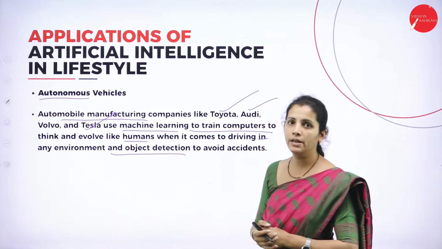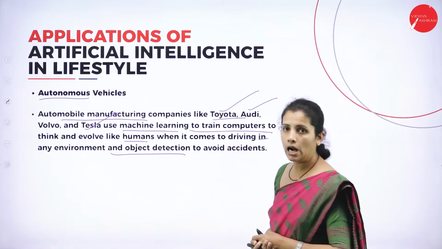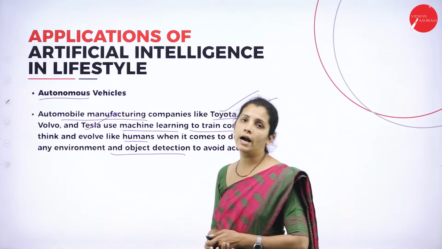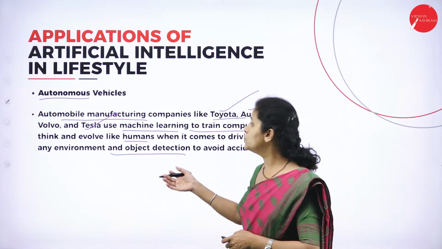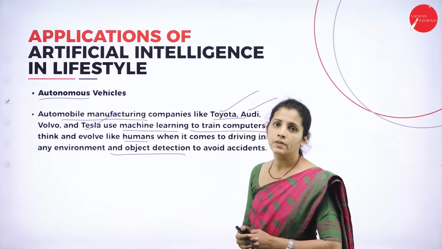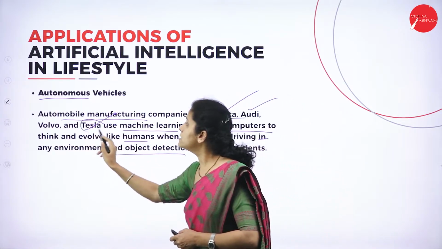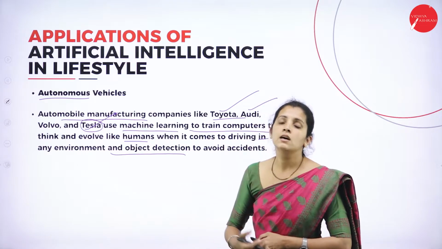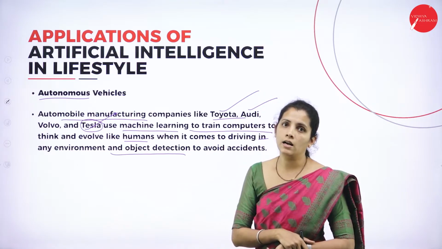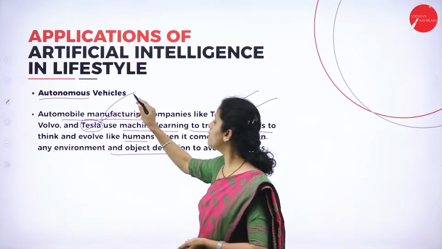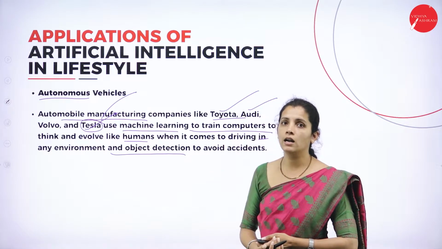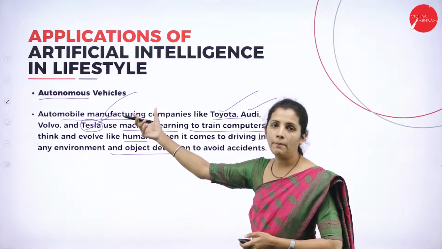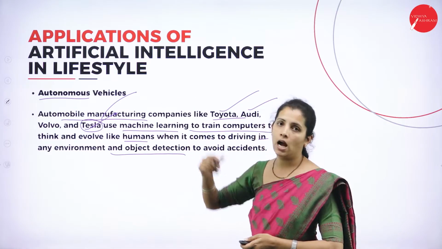And most of the companies like Toyota, Audi as well as Volvo and Tesla use AI. So here Tesla, what is this Tesla? It is a driverless car. So this is the example for a driverless car. So these are the automobile companies that are going to use AI.